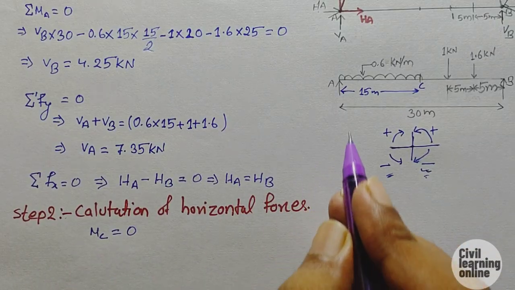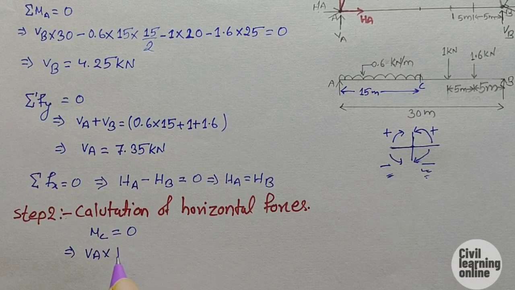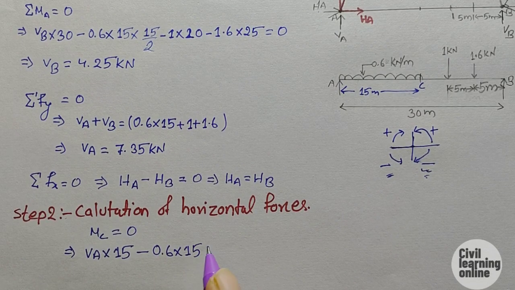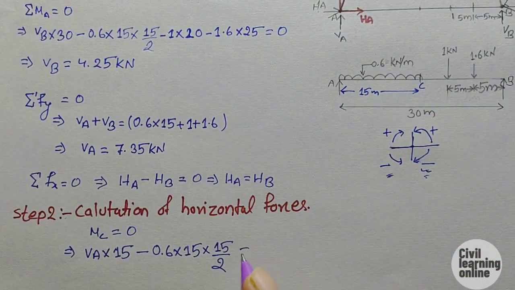So our VA is acting upward, so taking clockwise direction, it will be VA times 15, and the UDL is acting downward, so 0.6 into 15 into 15 by 2. There are no more forces on the span AC, so equals to 0.